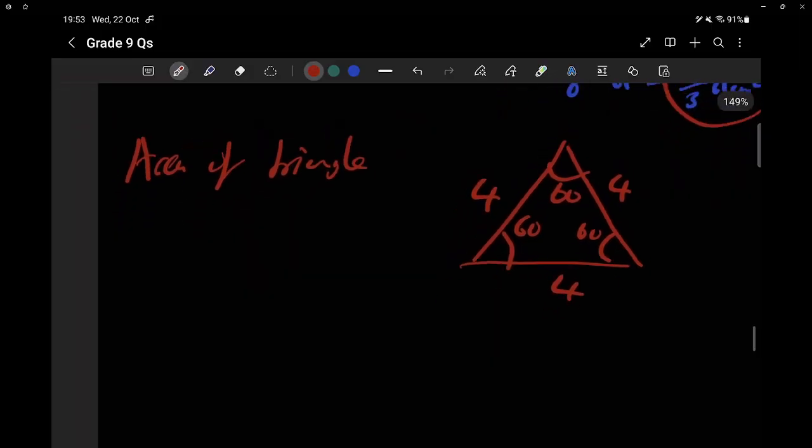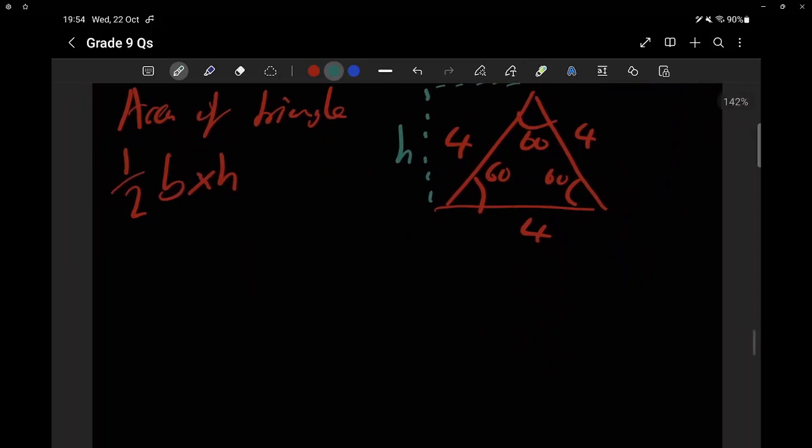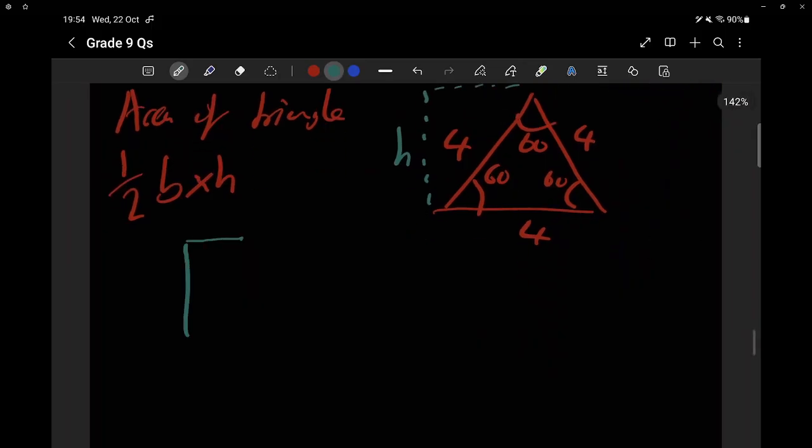But for me, this is a far more foolproof method if you forget your sine, cosine, tan values. The way I'm going to do it is the area of a triangle is half base times height, right? Well, we have the base, we just need to find the height. To find the height, it's going to be Pythagoras. So we know that the hypotenuse is 4.